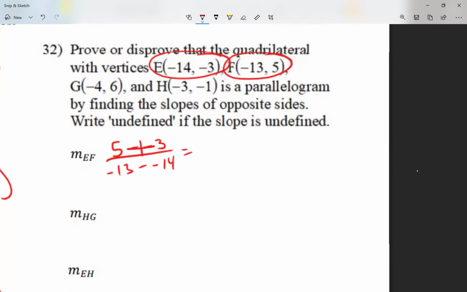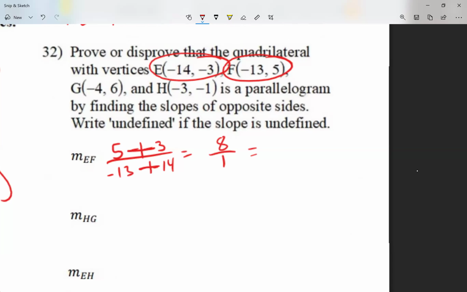I know 5 plus 3 is 8. These two become a plus sign. -13 plus 14 is 1. If there's a negative sign, bring it to the front. There's no negative sign. Simplify your fraction if you can. 8 over 1. Well, when it is over 1, it's not a fraction anymore, right? My slope is 8.